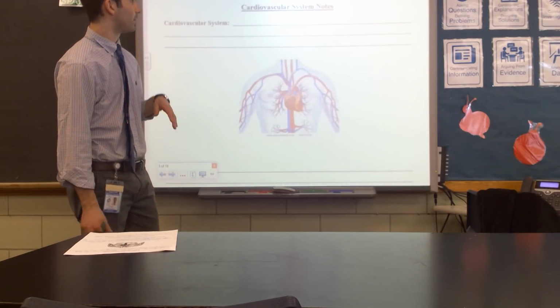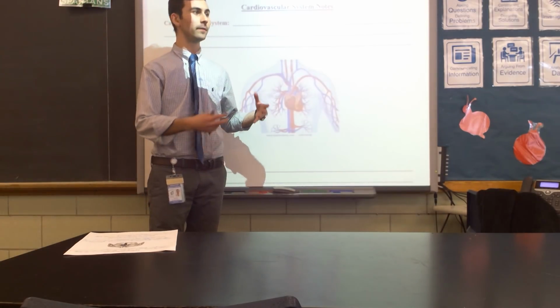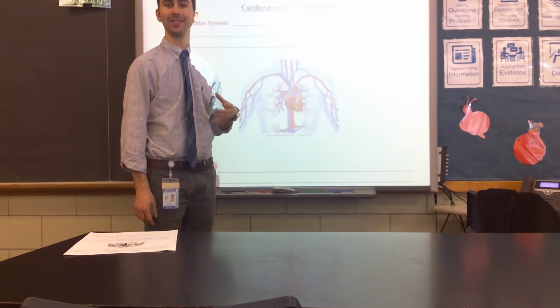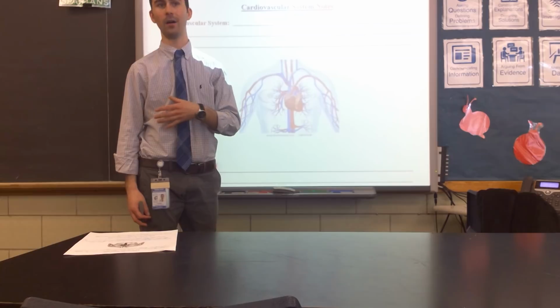We're going to start at the top, the function of the cardiovascular system. The cardiovascular system is made up of your heart and your veins and your arteries, and these are going to pump blood throughout your body.